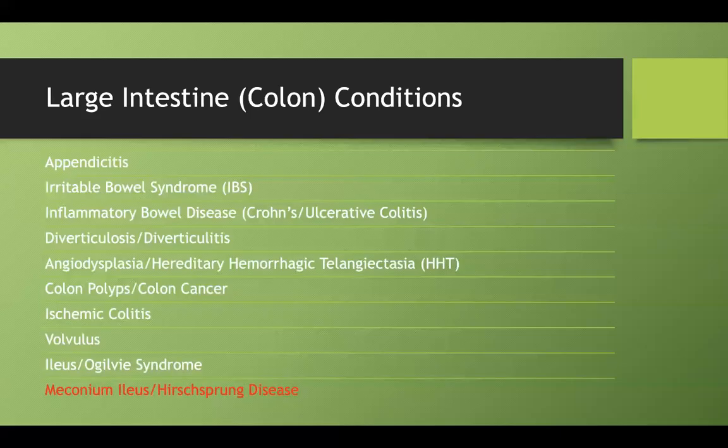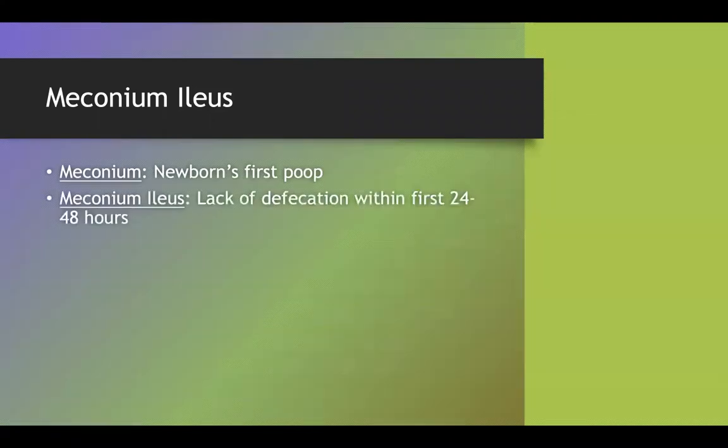Okay, our last section here is just on a childhood disorder, Meconium Ileus and Hirschsprung disease. So Meconium Ileus, meconium is just a newborn's first poop. And so Meconium Ileus is just a lack of defecation within 24 to 48 hours of life. This is associated with cystic fibrosis.